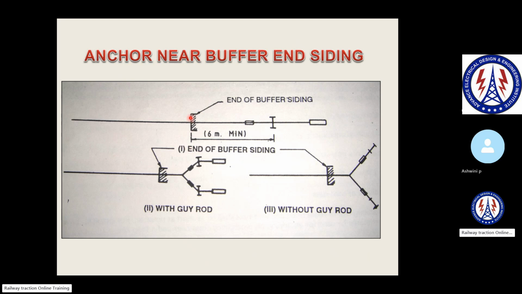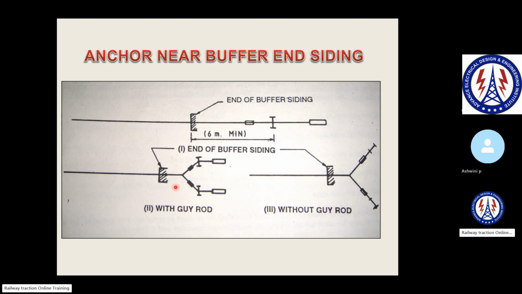This is a buffer end, like at CST, VT, or Churchgate station, which have a buffer end. This buffer will be 6 meters minimum for the anchoring of the wire. But in some stations in Bombay, like Churchgate or CST, they don't have space behind.